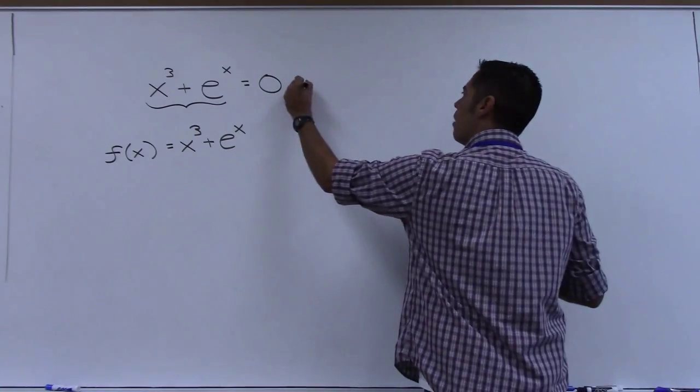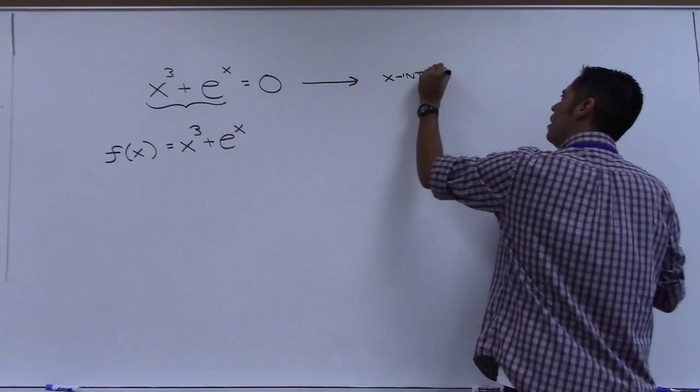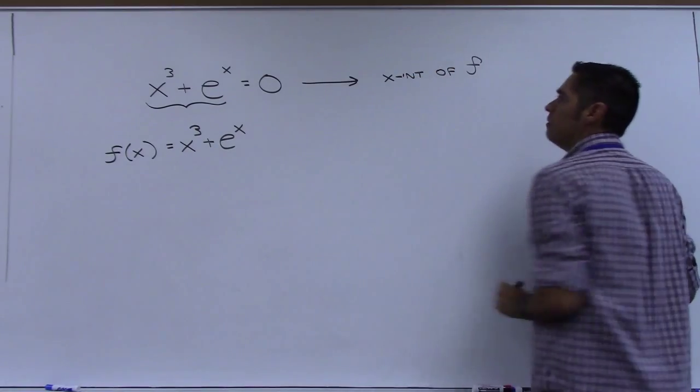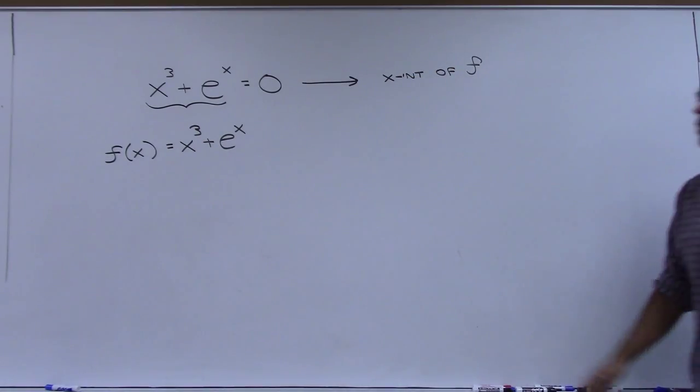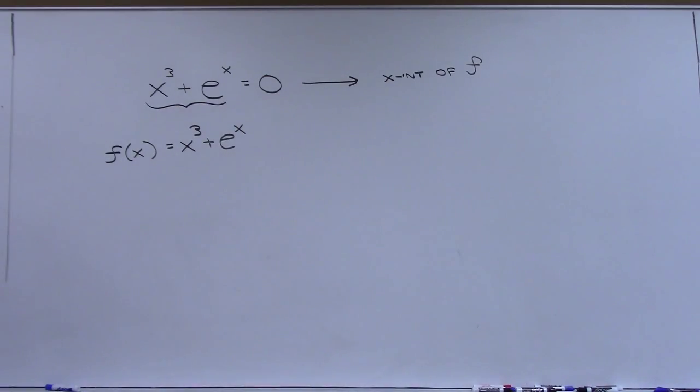So this equation now corresponds to the x-intercepts of the function f. That's what we're looking for. I need to show you that there's only one of them.